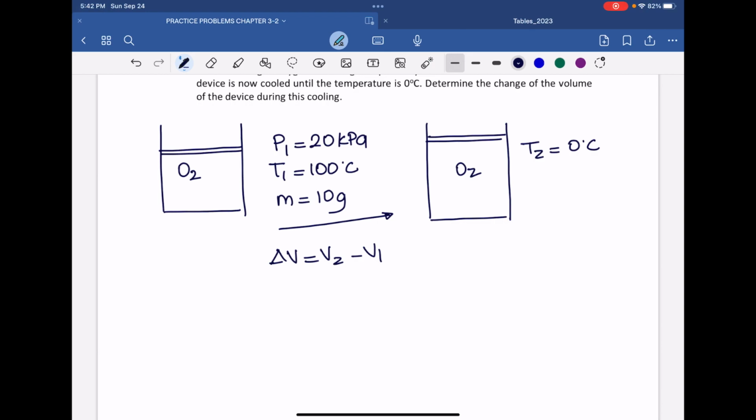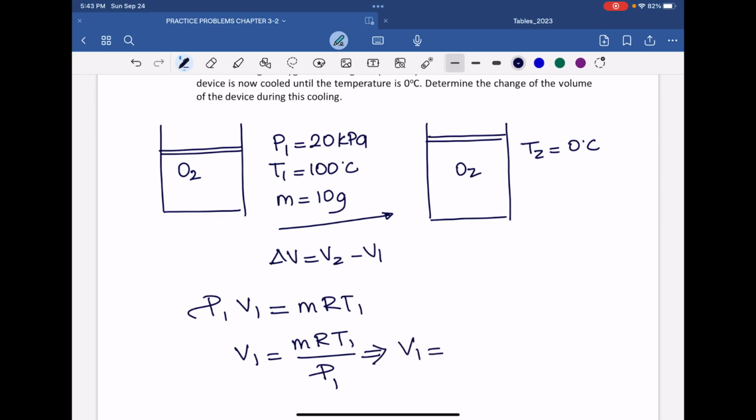All right, then we can do it because we know P1 V1 is mRT1, and if I want to calculate the volume, I need to do this, right?